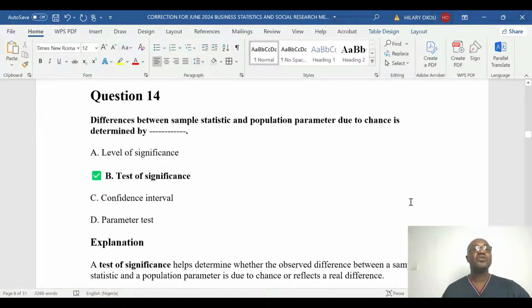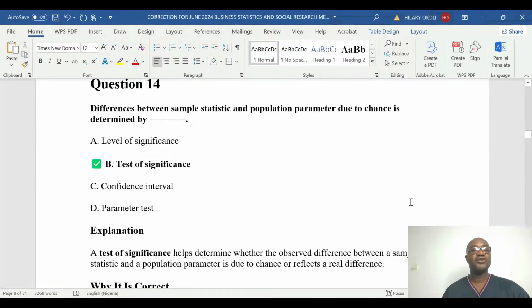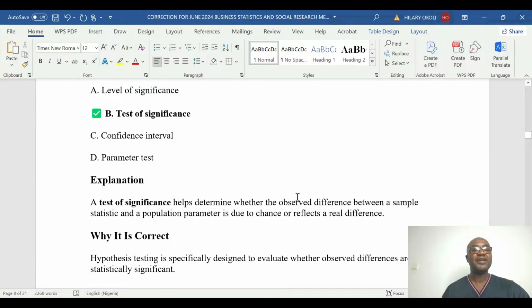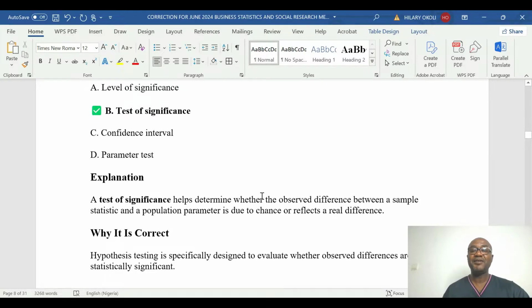All right. The next question says the difference between a sample statistic and a population parameter due to chance is determined by the test of significance. It's not level of significance. Take note of that. A test of significance helps determine whether the observed difference between a sample statistic and a population parameter is due to chance or reflects a real difference.